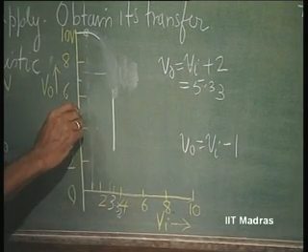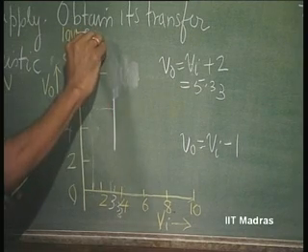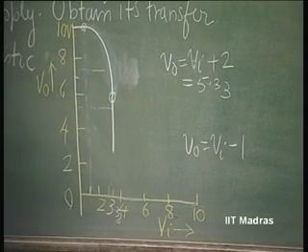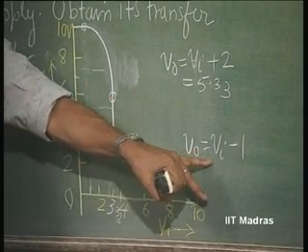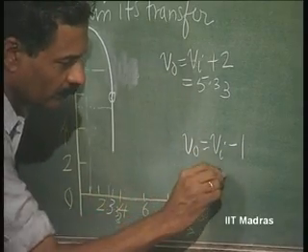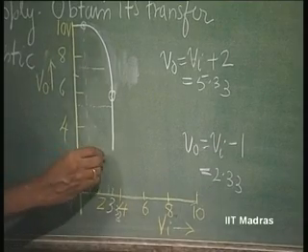This becomes 5 somewhere here, 5.33, and this one is 3.33 minus 1, which is 2.33. At 2.33, and again it is going to deviate.